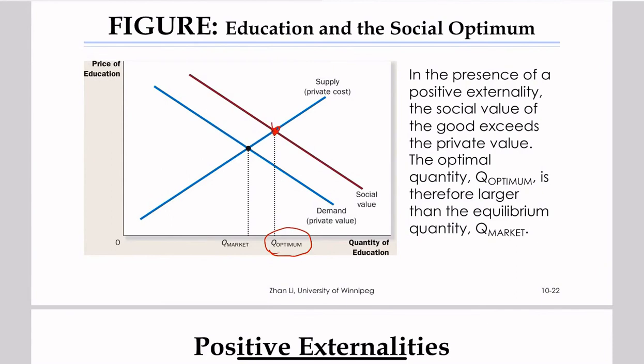And this Q optimum is larger than the market quantity, right? So this basically means that, first, again, the market equilibrium is inefficient. Second, it means that the quantity produced by the market is too small when there is positive externality, right?